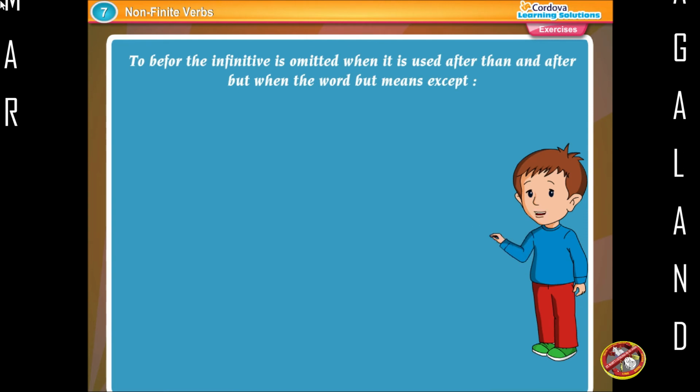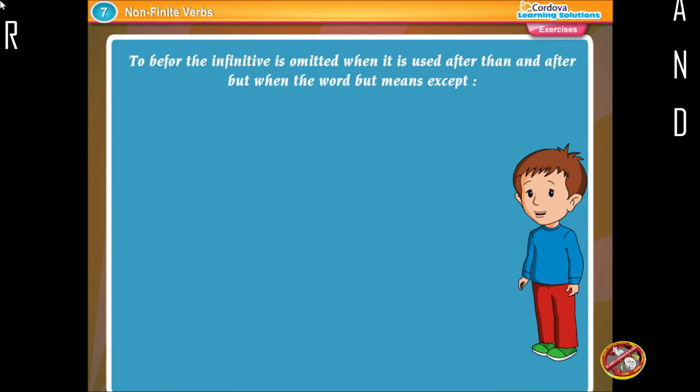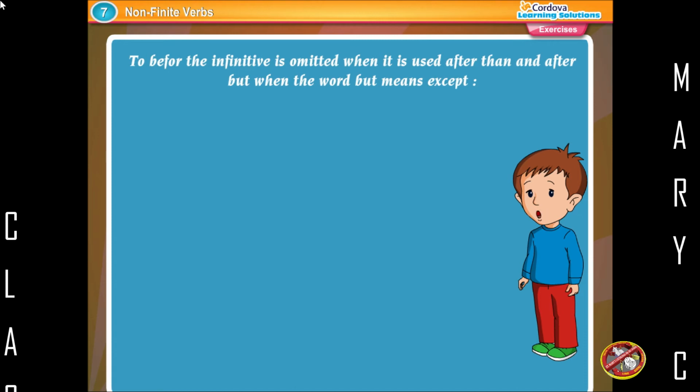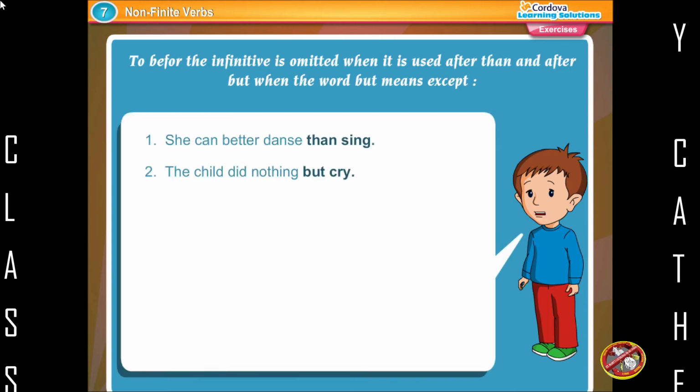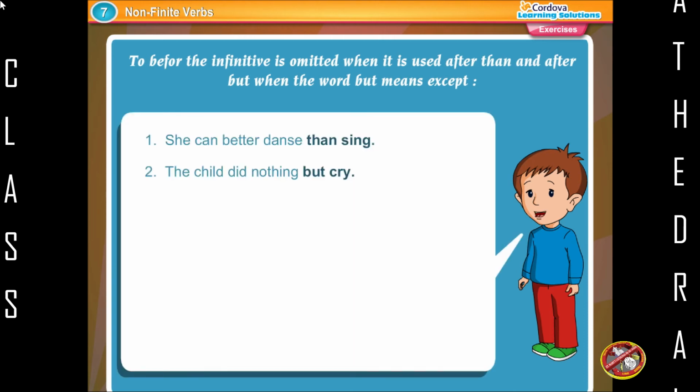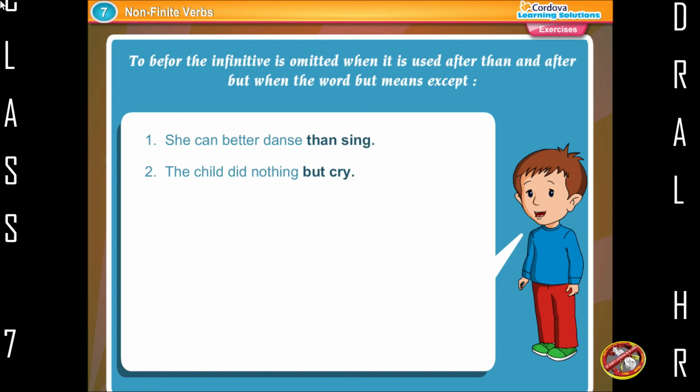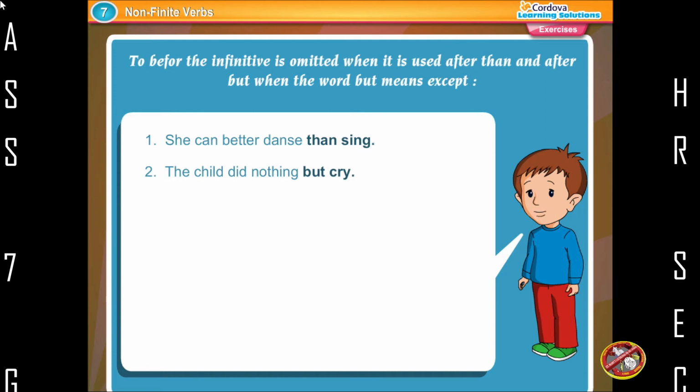To before the infinitive is omitted when it is used after than and after but, when the word but means except. She can better dance than sing. The child did nothing but cry.